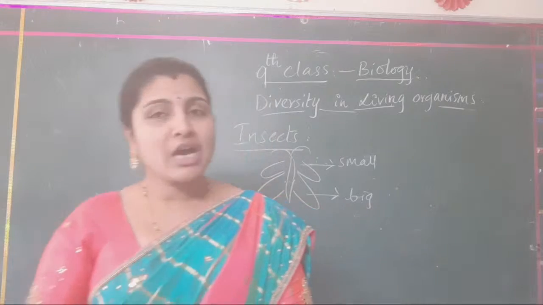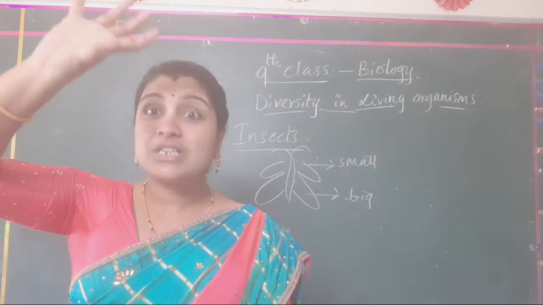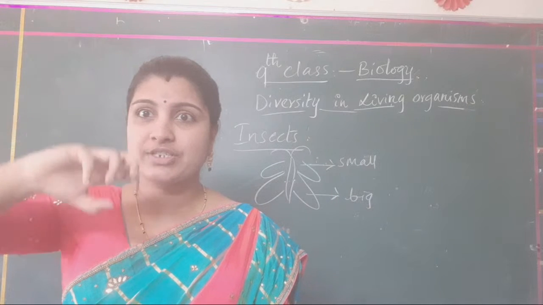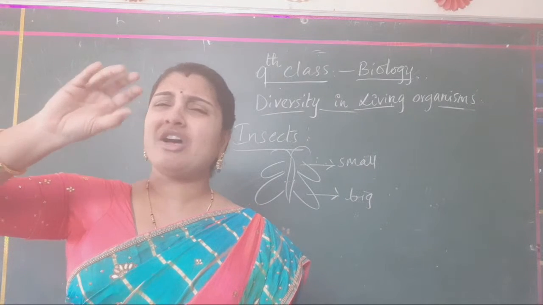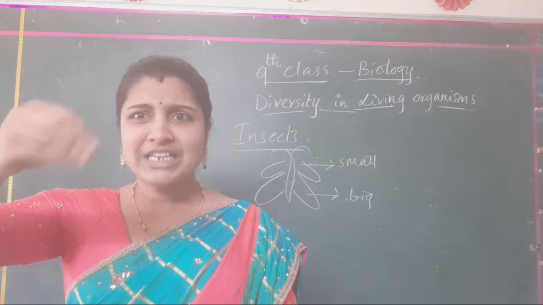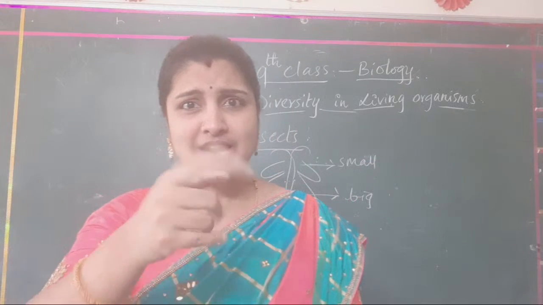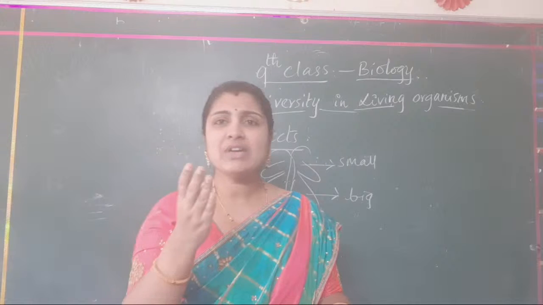Ants. If you observe some ants during the rainy season, some ants will fly towards light. Because their wings are very delicate, the wings will fall off and the ants will move on the ground. Has anyone observed that?